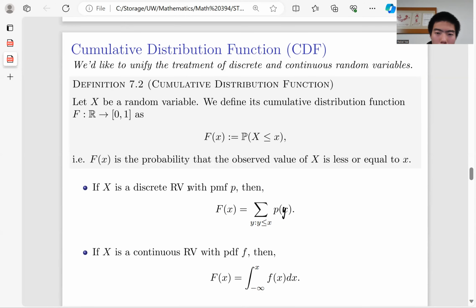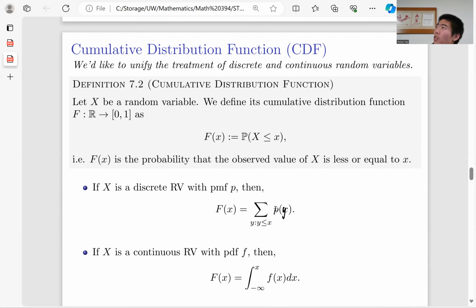But how do we derive the CDF from the PDF? It is usually given by two formulas. The first one, in the discrete random variable case, is that we just sum up the PMF, the probability mass function, over the values that are smaller than or equal to x.